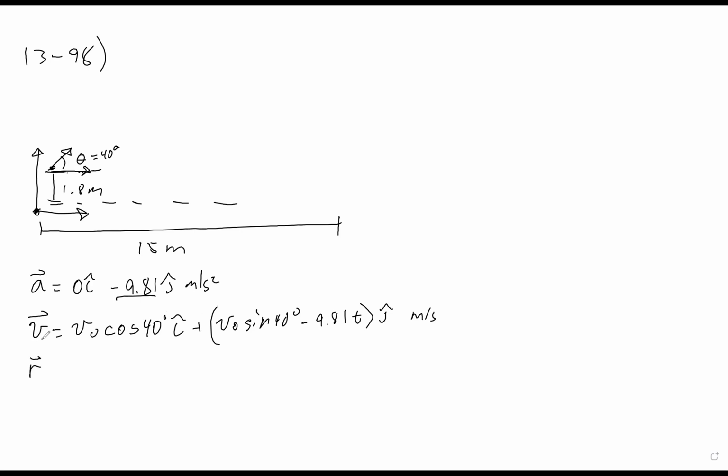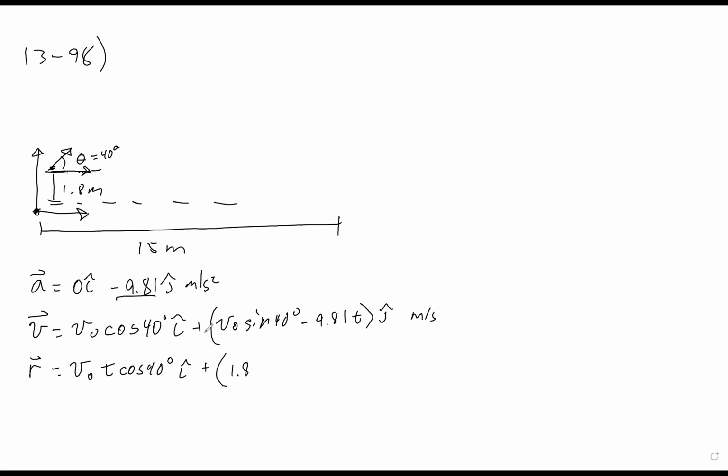We're going to integrate the i hat term, which is the initial velocity t cosine 40 degrees. And then there's an initial position, which is 0 in the x direction, so we don't have to draw that. And we can do i hat. And then we will have our j hat. So plus, and I'll just do it all as one piece here, we have an initial height of 1.8. So remember, these are the plus c's.